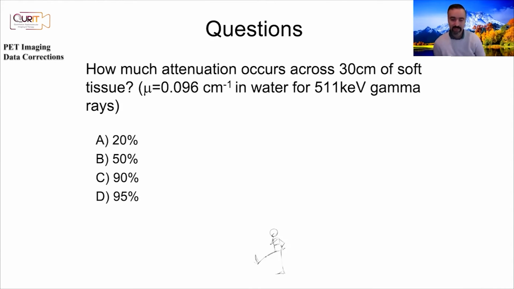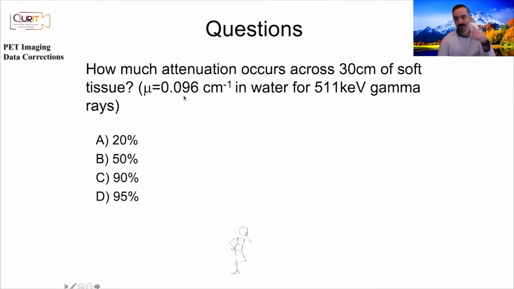We had a related question to this in the context of single photon imaging in the midterm. But here the question is for PET. Again, I have this number memorized as 0.1 for quick calculations.